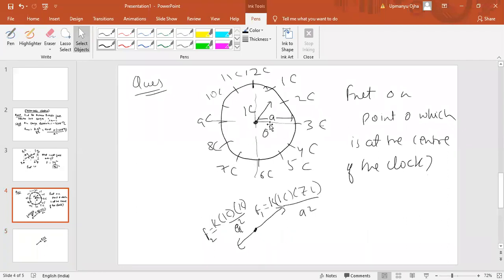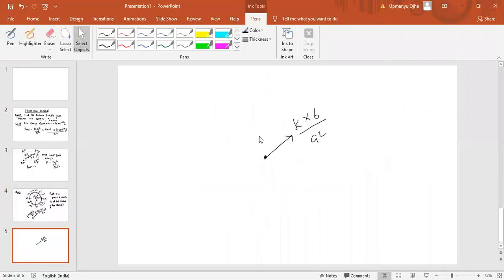Similarly, if you look at the 2 and 8 coulomb charges, the force due to 8 on the center will be 8K by A square. And for 2 coulomb it will be K into 2 by A square, which means the net force due to these two charges will again have the same magnitude, equal to K into 6 by A square.